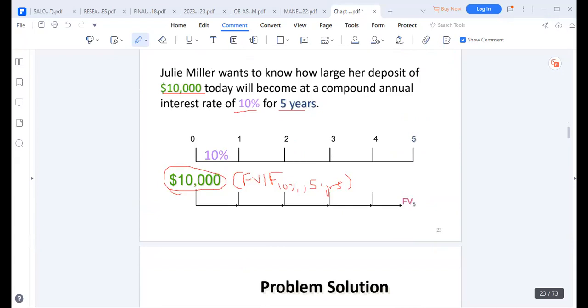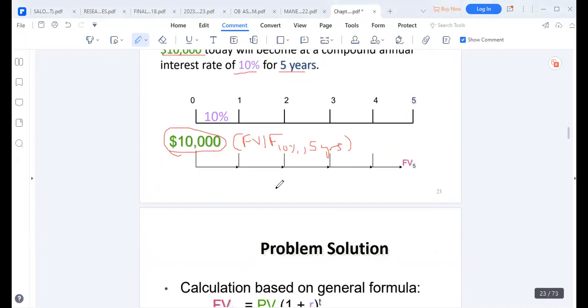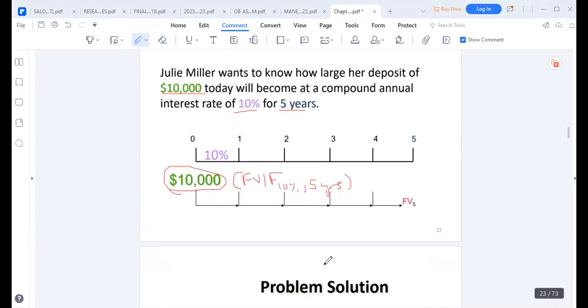I had sent you tables which you could relate to. But if you don't have tables, I've emphasized that the formulas are very important. So future value is equal to present value times (1 plus r) to the power t.